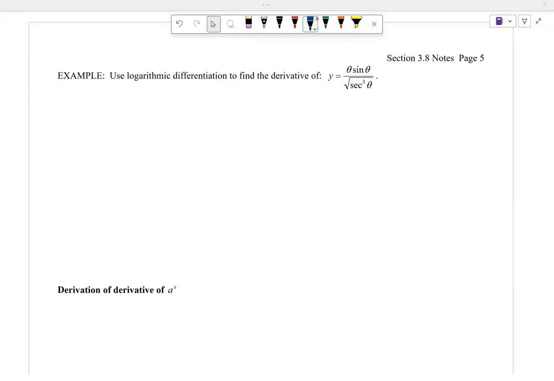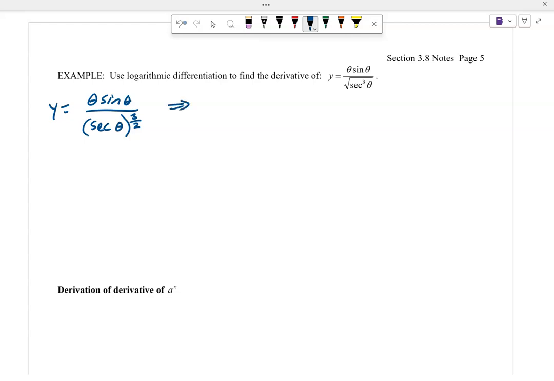All right, I'm looking at this y equaling theta sine theta over secant to the third theta, all to the 1/2. So that's secant of theta to the third, all to the 1/2. So the 3/2, right? Because we got the square root on that secant to the third.